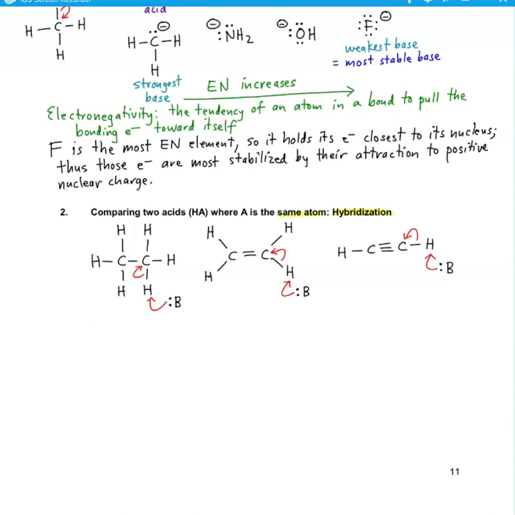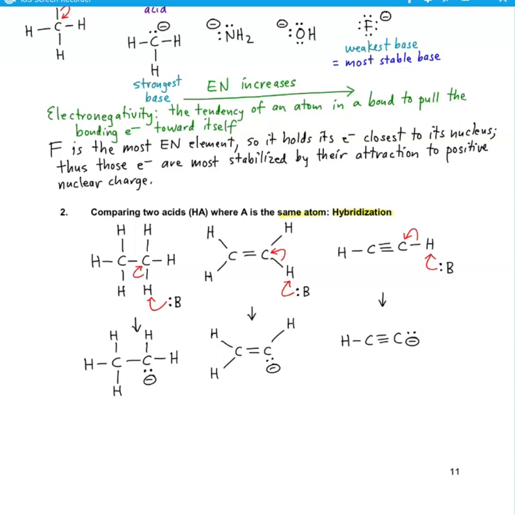So the first thing is to draw the structures of the conjugate bases. So there's the conjugate base of ethane. Here's the conjugate base of ethylene. And then finally, we have the conjugate base of acetylene.